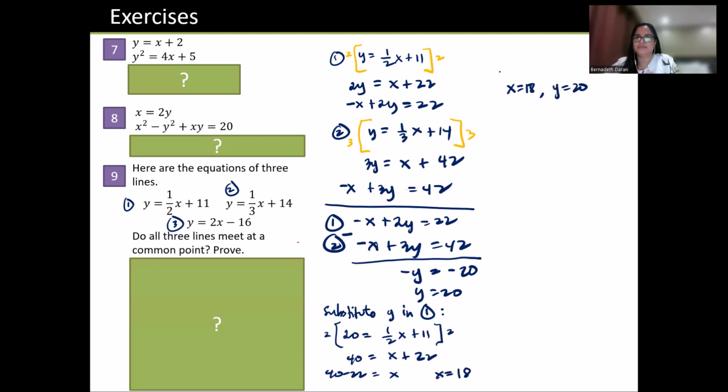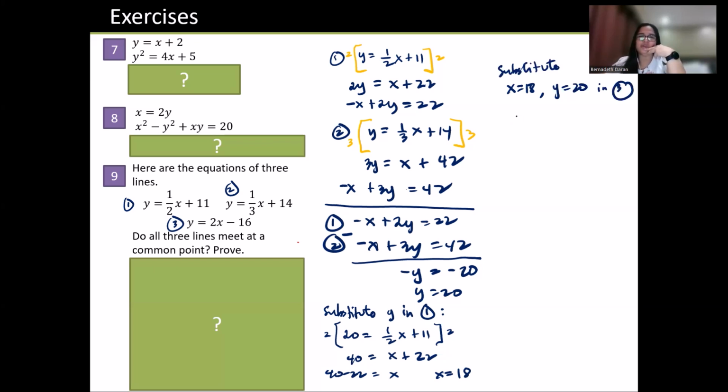Now, we have another equation, right? We have a third line. So how do we prove that they meet at a common point? We are going to substitute the x and the y in equation 3 to prove if they will meet at the common point. Substitute x equal to 18 and y equal to 20 in equation 3.